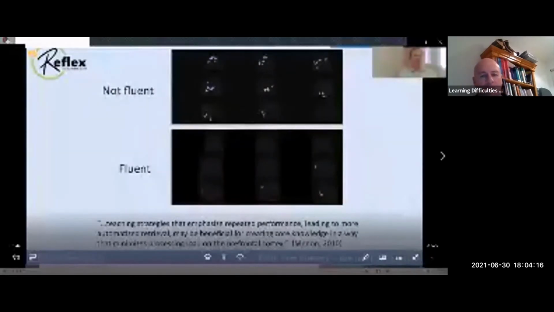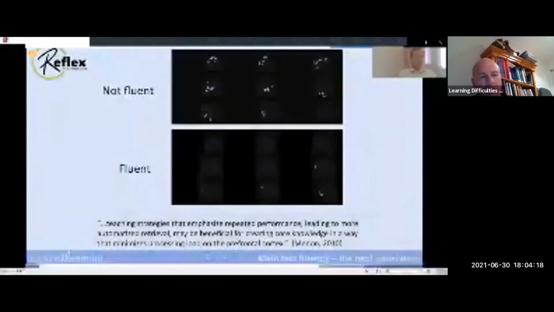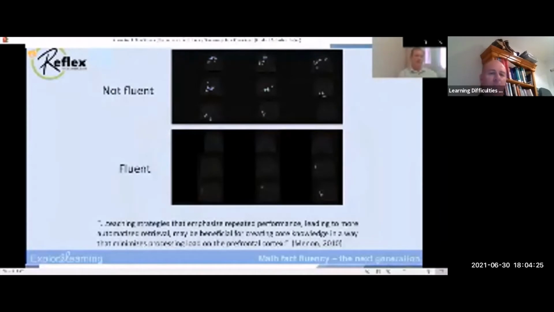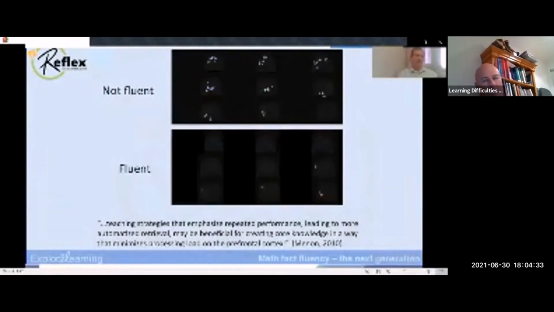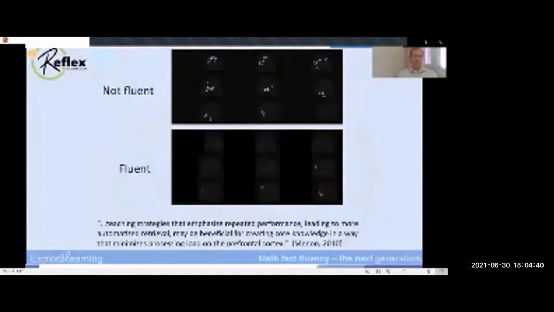The next slide is from a study done by Menon in 2010. He had two groups of students, those with good maths fact fluency and those with rather weak maths fact fluency. He gave the students some computational tasks to do, and then they did some brain imaging scans. In the top picture, of the students that weren't particularly fluent in maths, you can see there's a lot of activity in the prefrontal cortex of the brain.